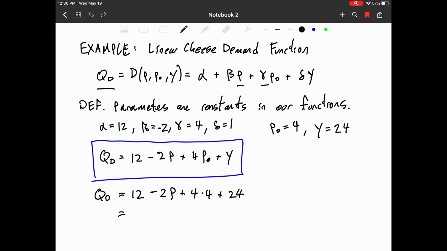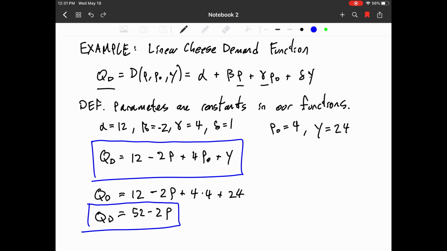And of course, we need beta to be negative because we need a negative relationship between price and quantity for the law of demand. Simplifying all of the numbers of our intercept, we get 52 minus 2p. And this is our demand curve.